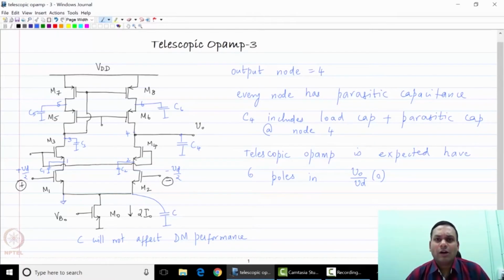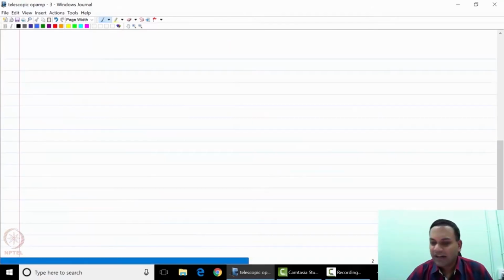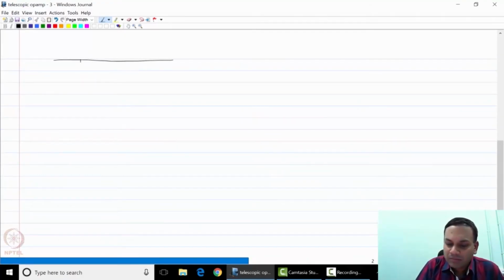So if we draw a parallel with the two-stage op-amp, just a quick reminder, in the case of the two-stage op-amp, let us quickly draw out the picture to understand the analogies.